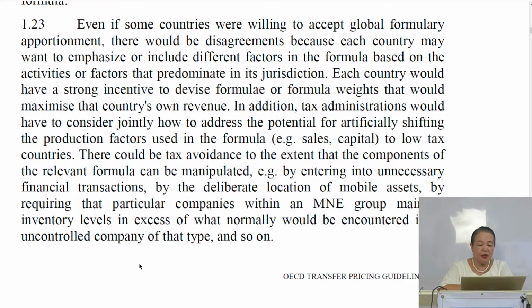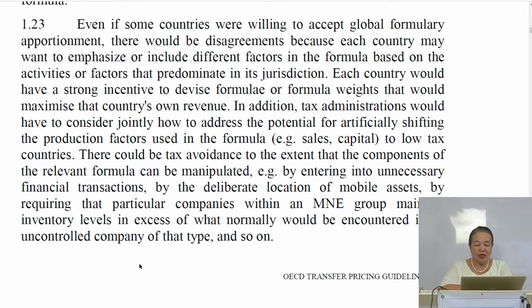Each country would have a strong incentive to devise formula. Kaya magrereklamo na naman sila na dapat ito yung share ko, dapat ito yung share ko, no? So devise formula or formula weights that would maximize the country's revenue. Why? Kasi bawat isang country gusto nila malaki yung kanilang share, no? So diyan magkakaroon ng problema sa global formulary apportionment.